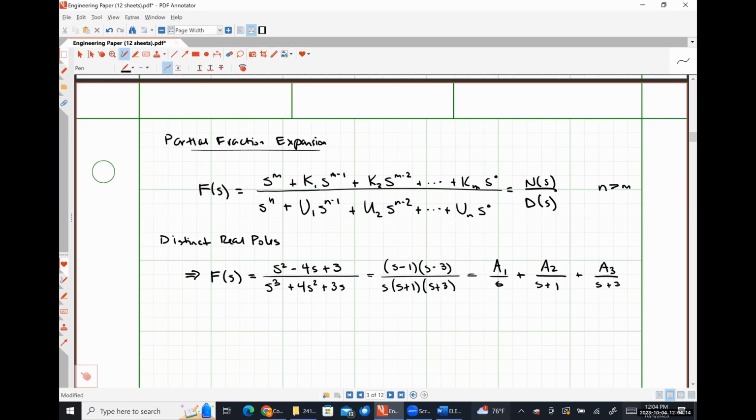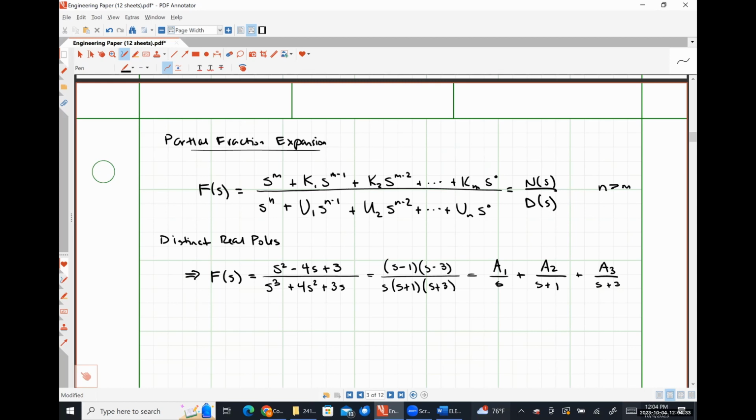So we are going to decompose our ratio of polynomials into a series of functions that we know the inverse Laplace transform. Okay?